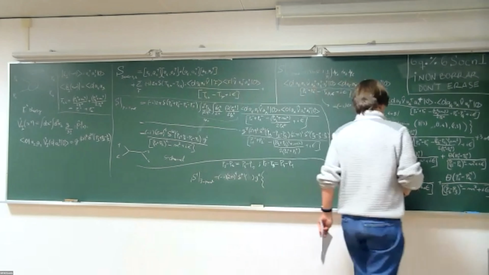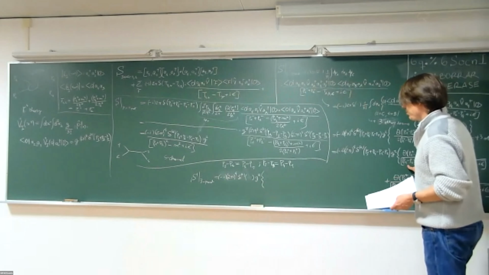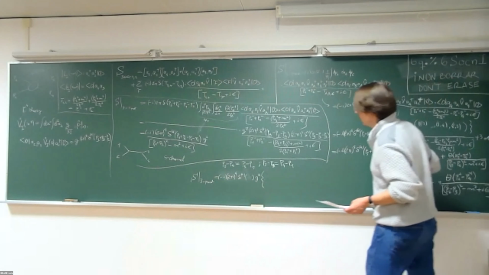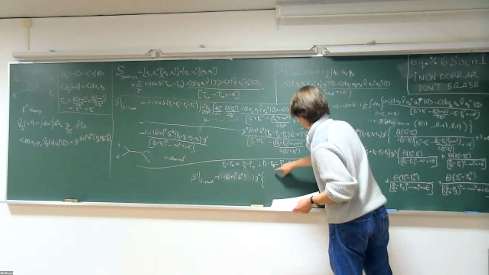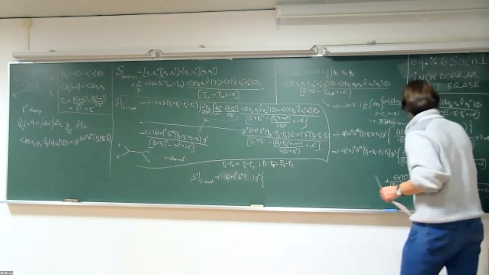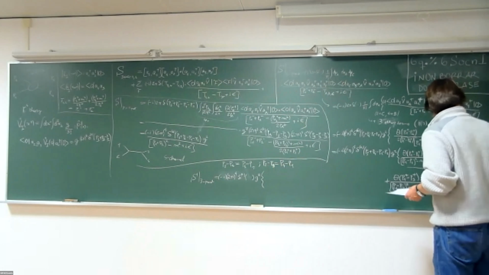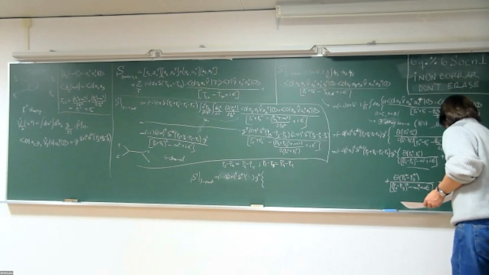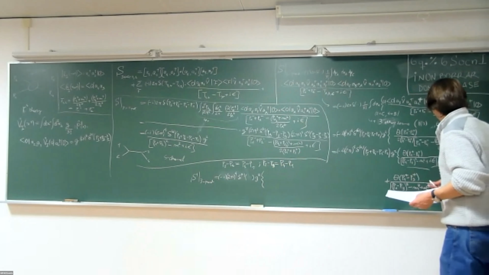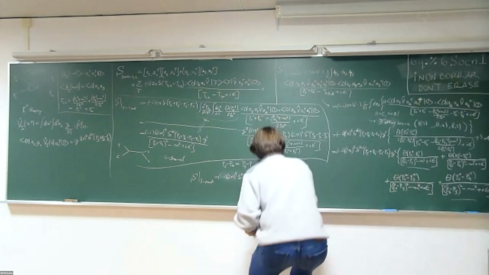So now we have P1 minus P4 here. But you see that this term now and P3 here, and then when you take the square, that's the same denominator, so you can put them together.